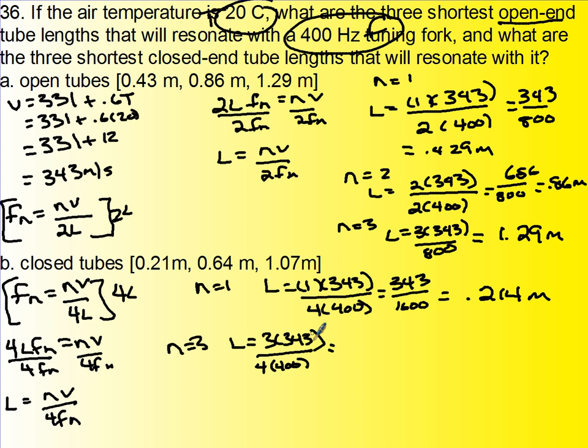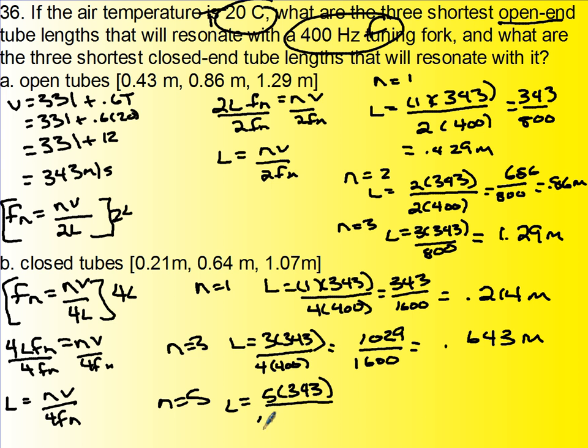3 times 343 is 1029. Okay, 4 times 400 is 1600. All right. 1029 divided by 1600 is 0.643 meters. For n equals 5, L is 5 times 343 divided by 4 times 400.